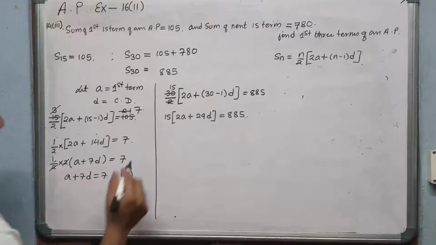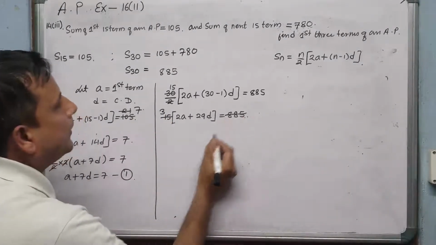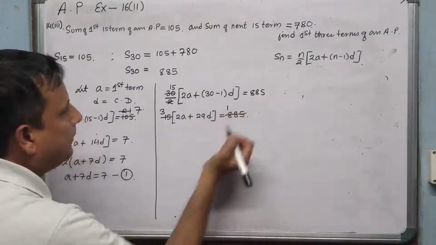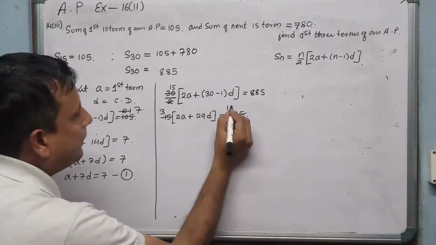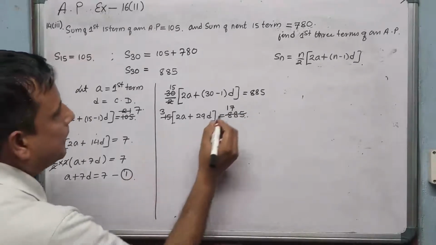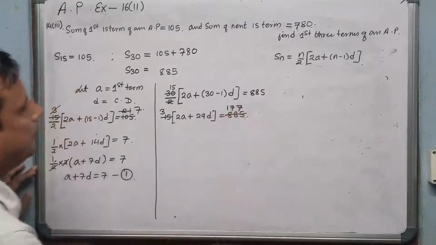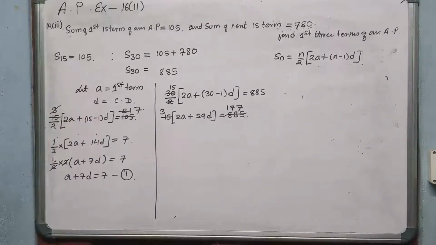885 by 5. 5 3s are 15, 5 1s are 5, 5 7s are 35, 35 plus 3. 5 7s are 35, 177.